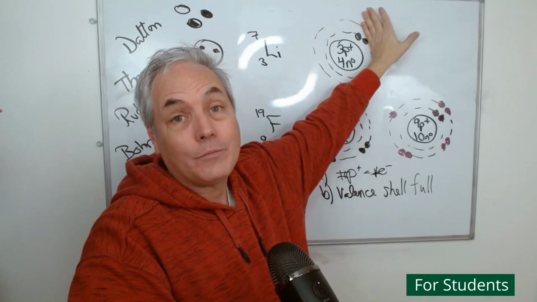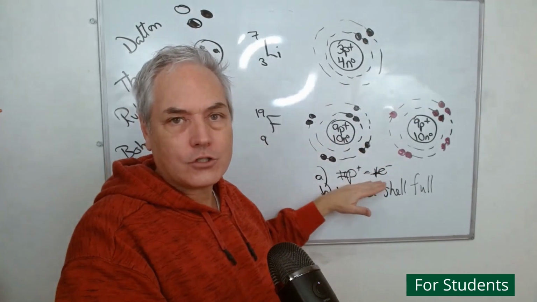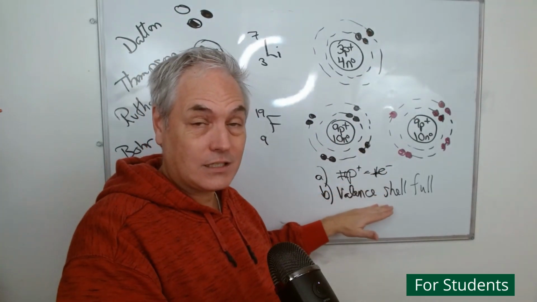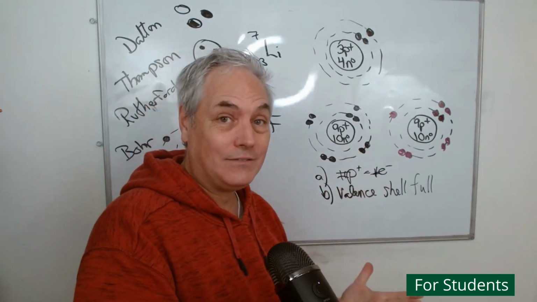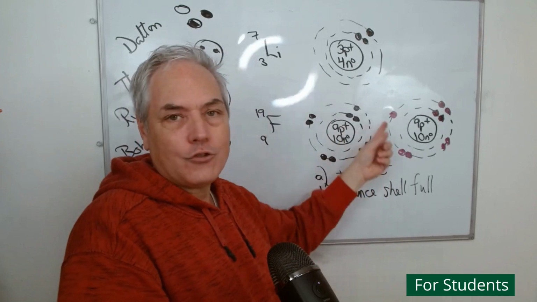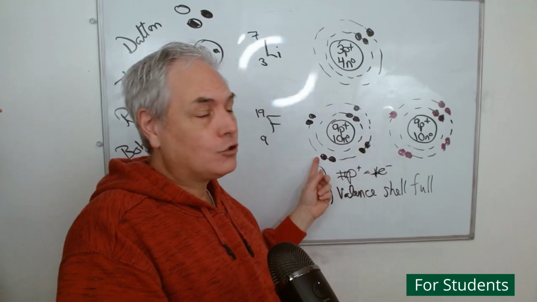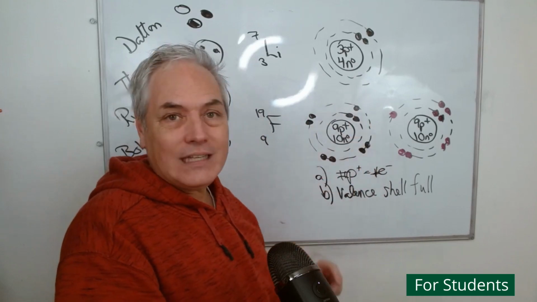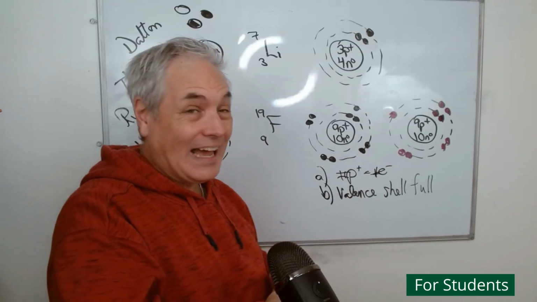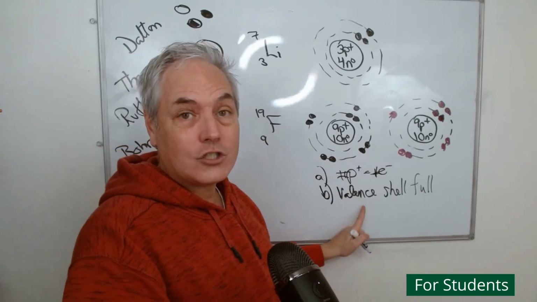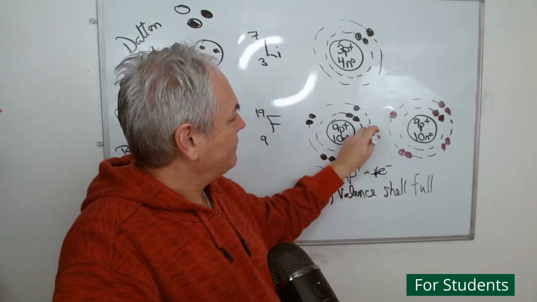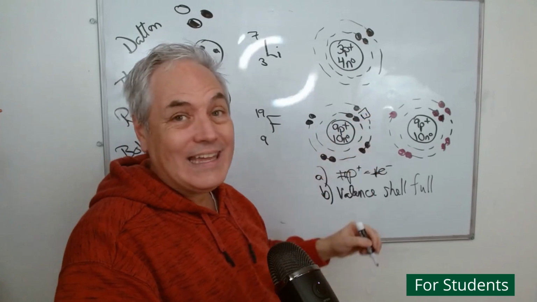That's why all the metals will go from here first. In order to satisfy the next condition, they're willing to give their electrons. If you think of the nonmetals, we have fluorine. We have 7 electrons on the outer shell, but the valence shell of fluorine can have up to 8.